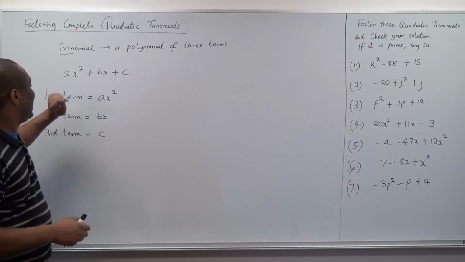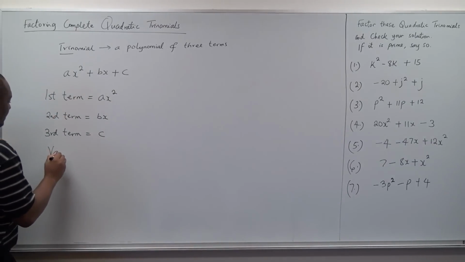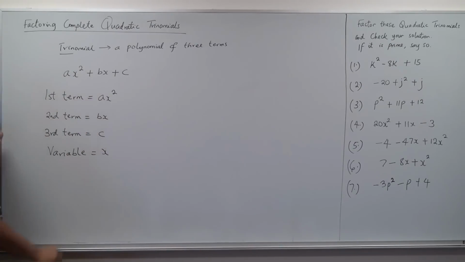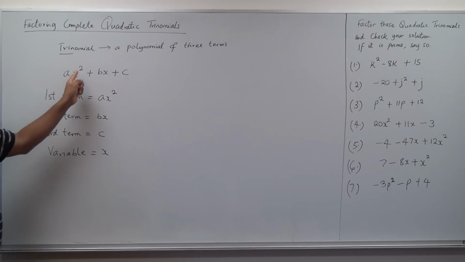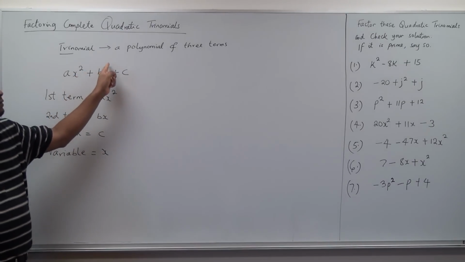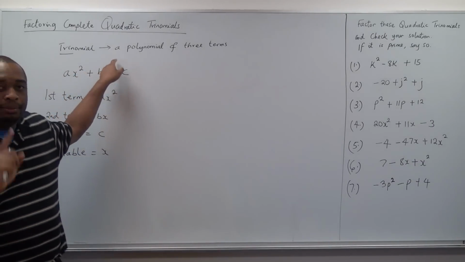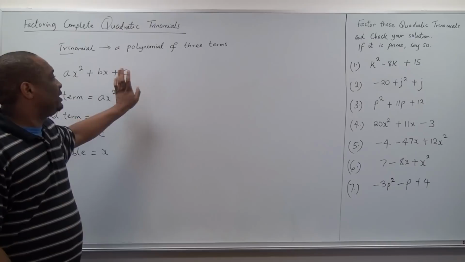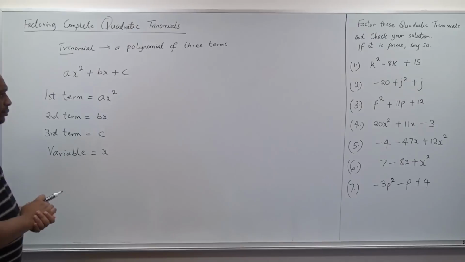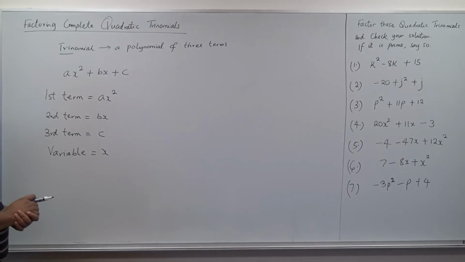The variable here is x. The second term will have the linear part, the variable raised to power 1. And of course, the third term will be a constant, just a constant, usually.